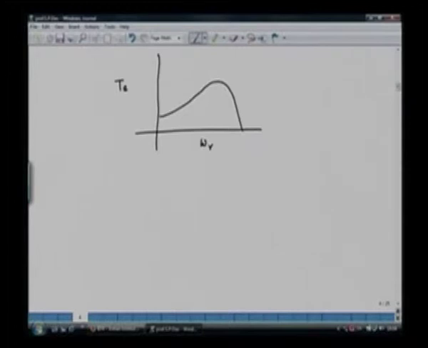So this is the synchronous speed, and this is your torque axis, and this is the speed axis. Here the speed is equal to 0, and this is the nature of the torque speed characteristic.